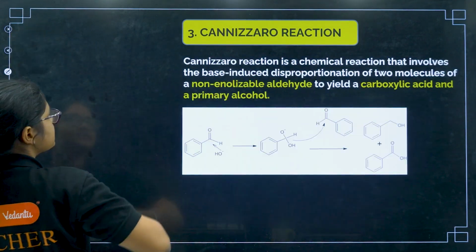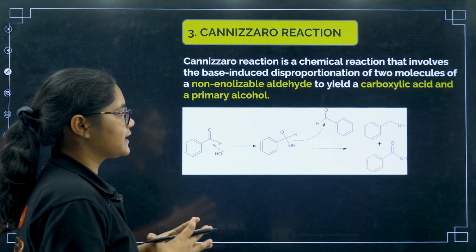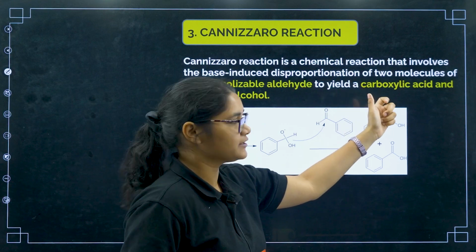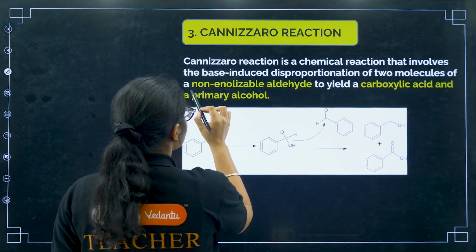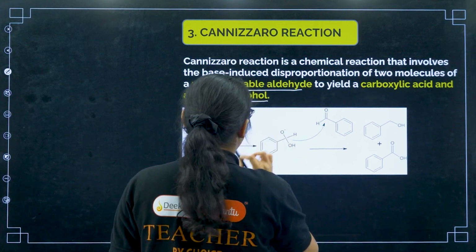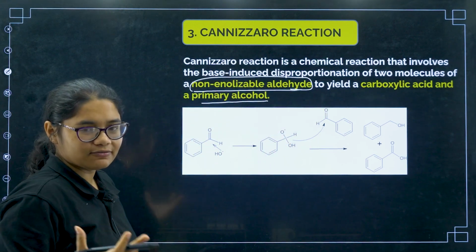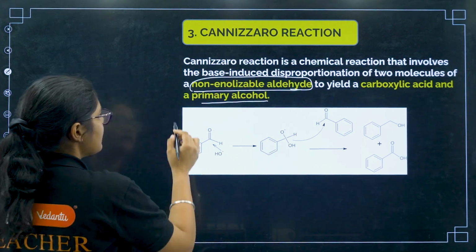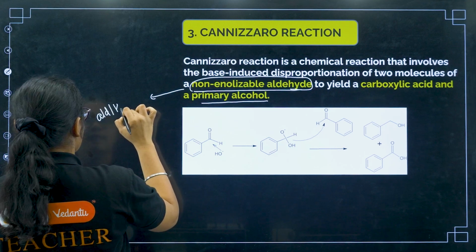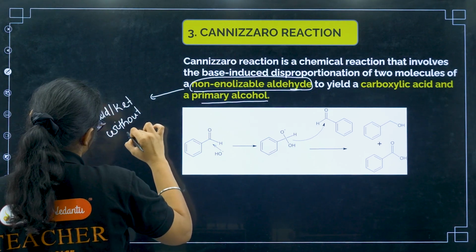Next, Cannizzaro reaction. Cannizzaro reaction is a chemical reaction that involves a base-induced disproportionation reaction of two molecules of a non-enolizable aldehyde to yield a carboxylic acid and a primary alcohol. If you find this word difficult, you can say that it involves an aldehyde or ketone without an alpha hydrogen.